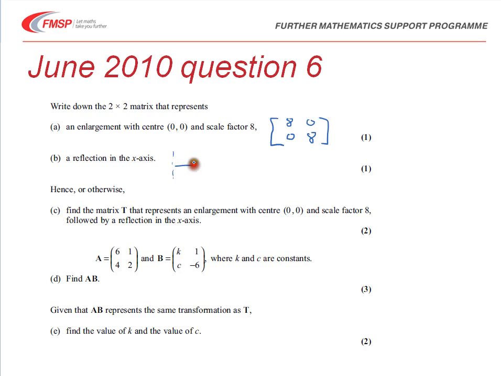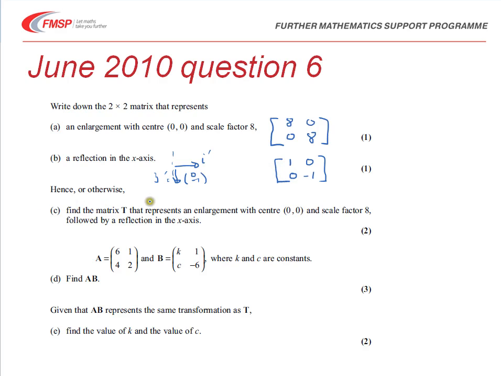This time it's the i vector which stays the same, j vector which becomes equal to 0, -1. So the reflection in the x-axis is given by 1, 0, 0, -1. So there the i is the invariant vector this time.